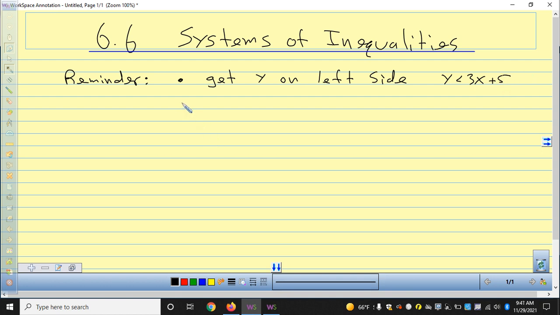We want to then graph the line, and we graph the line by using the slope and the y-intercept.